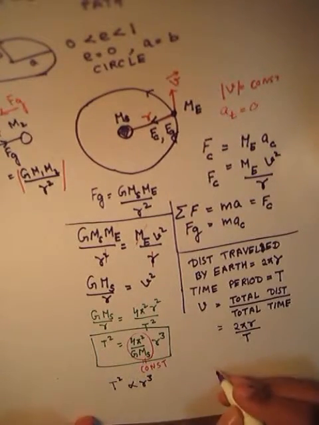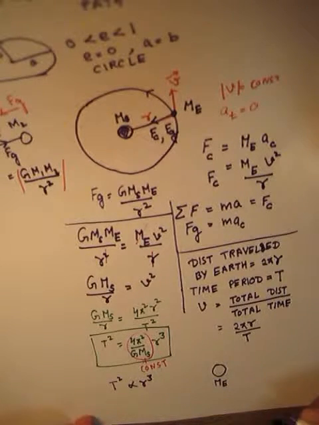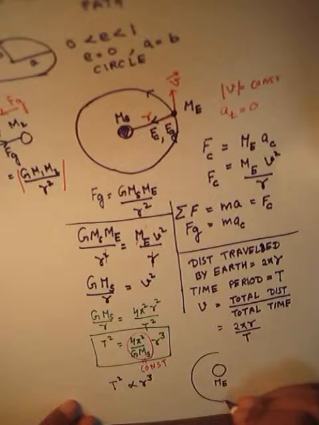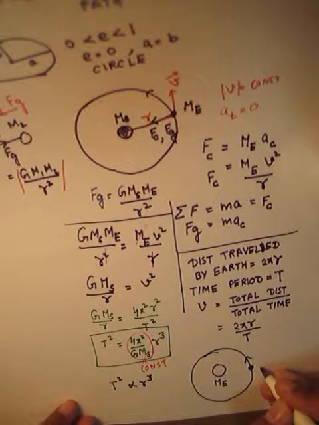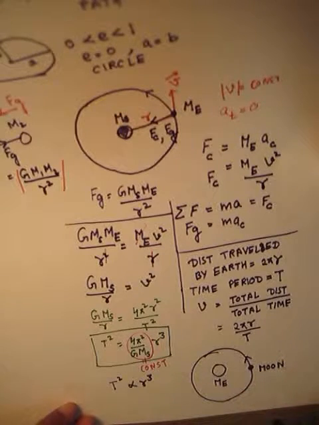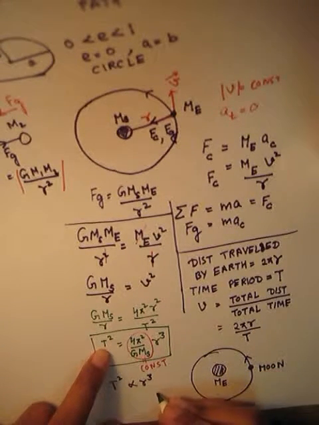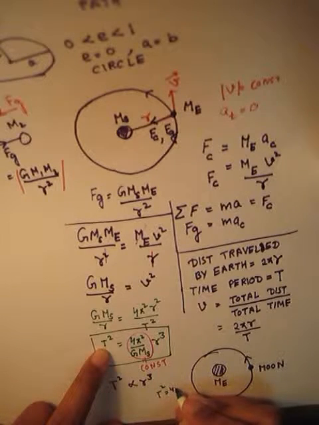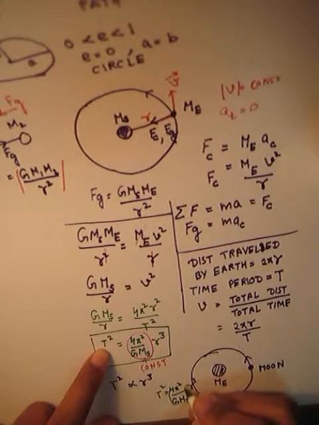In a similar manner, if you have a situation where Earth is the central mass and around it the mass that is rotating is the Moon, then instead of this constant, T squared will be 4 pi squared divided by G mass of Earth into R cube.